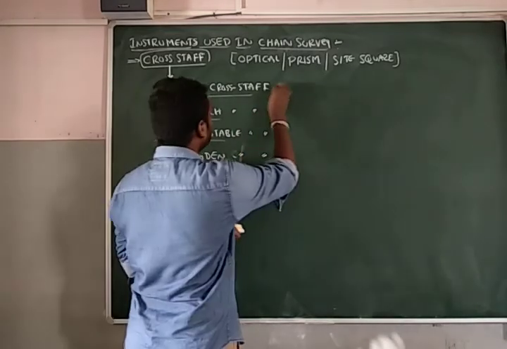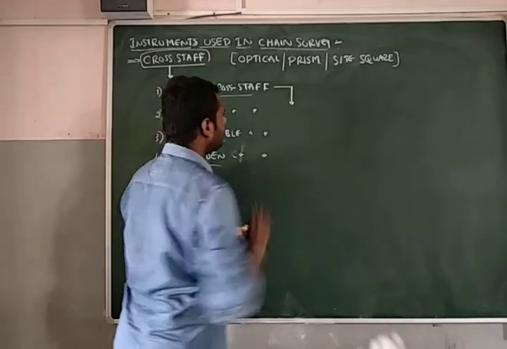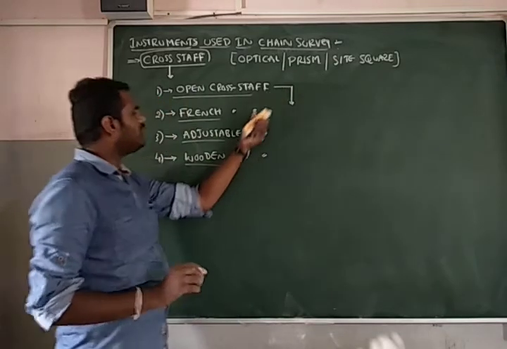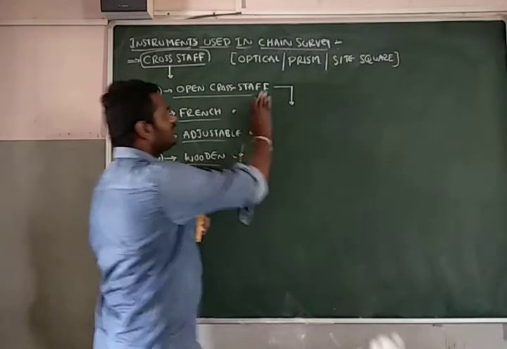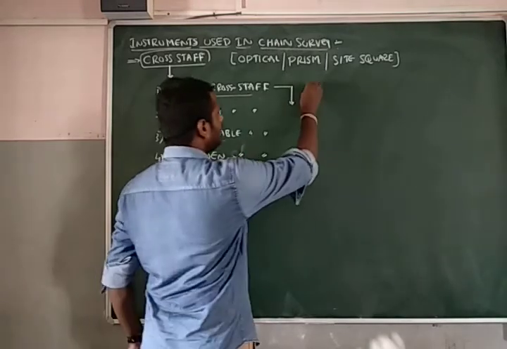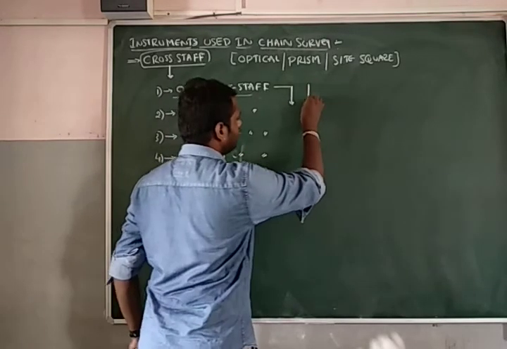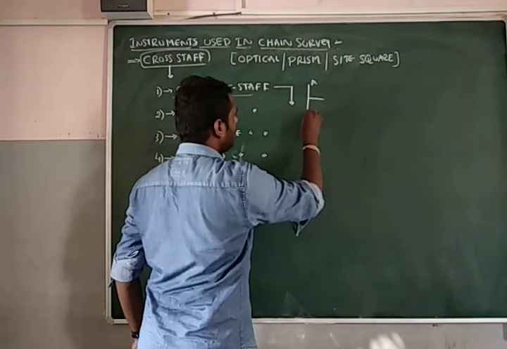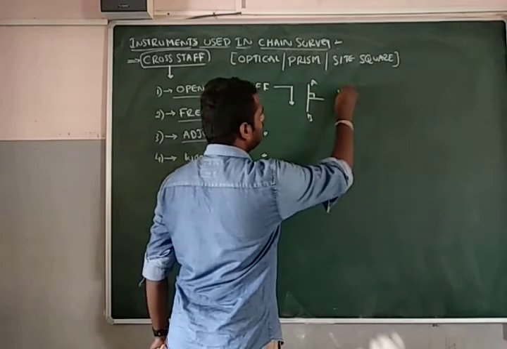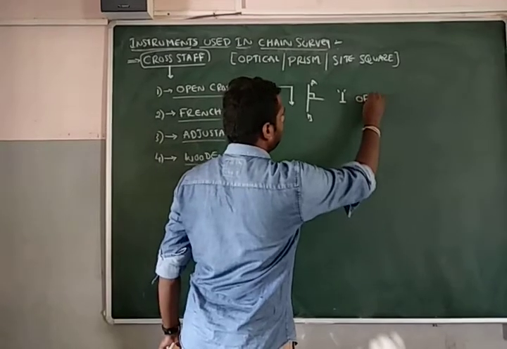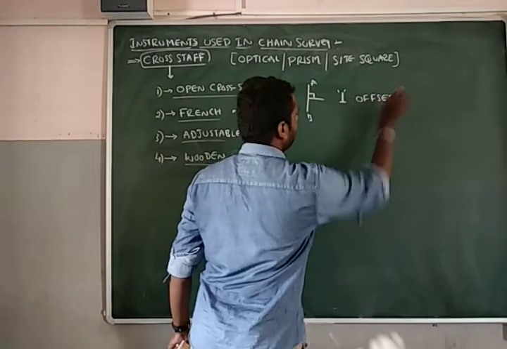Now we will go through the open cross staff. Each one has its own role. When we go to the open cross staff, generally you can erect a perpendicular offset by using it.